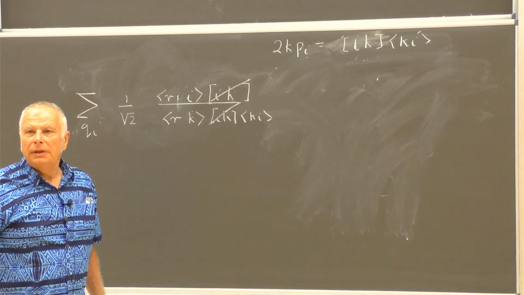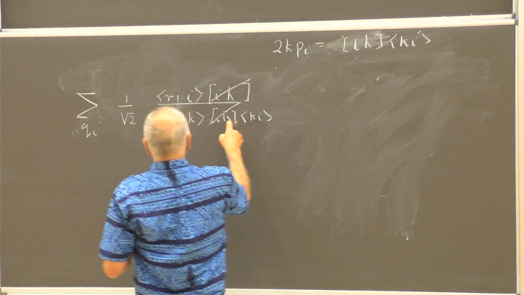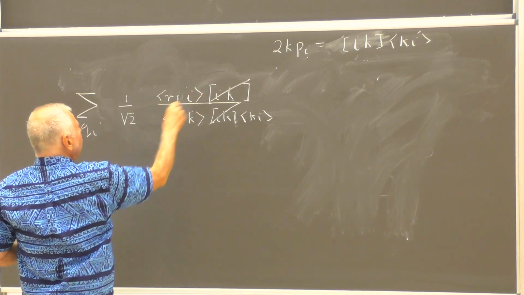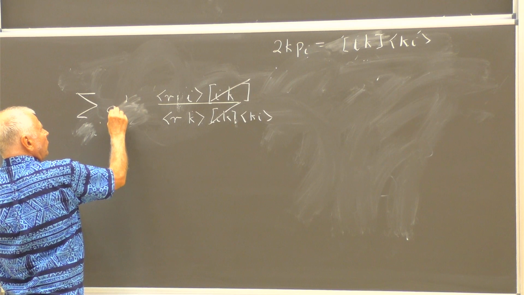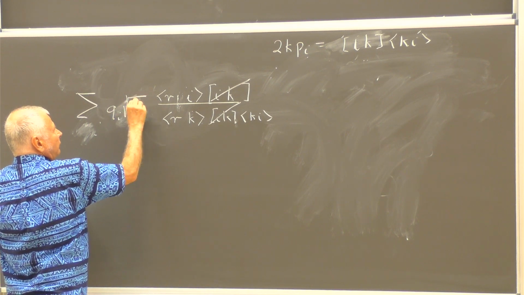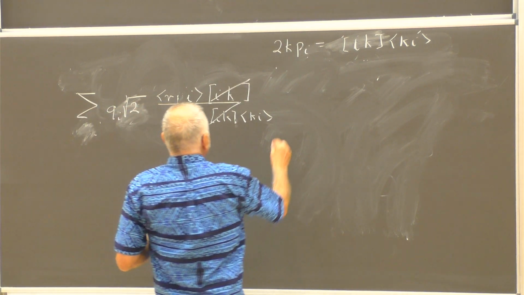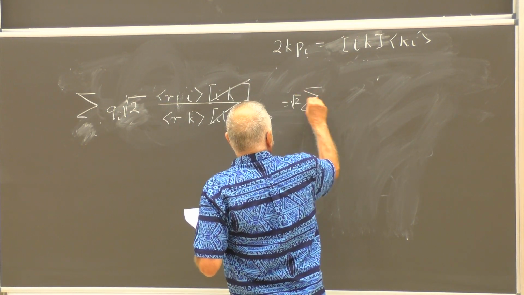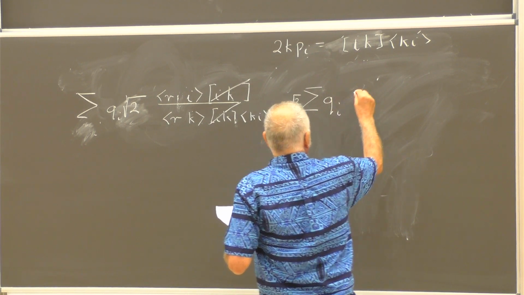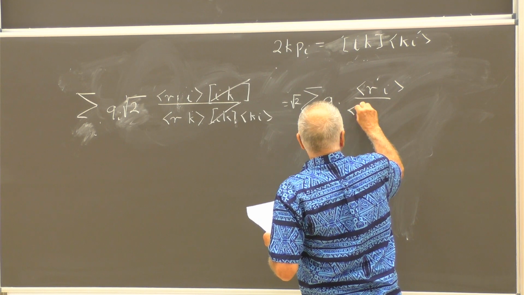And I get something which is interesting, which is purely holomorphic. By the way, the 2 will move the square root of 2 into the numerator, and there will be q_i. So that thing is, once again, square root of 2 times the sum over q_i, and this is the purely holomorphic soft factor.